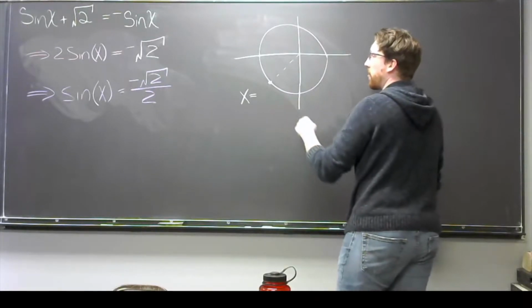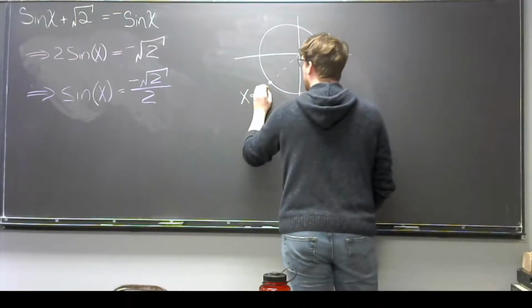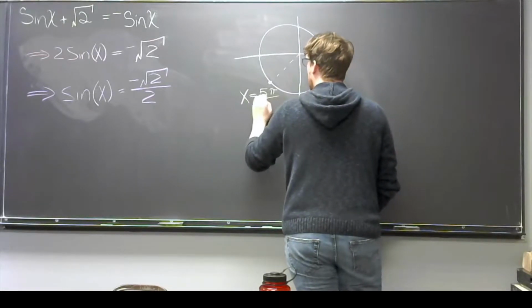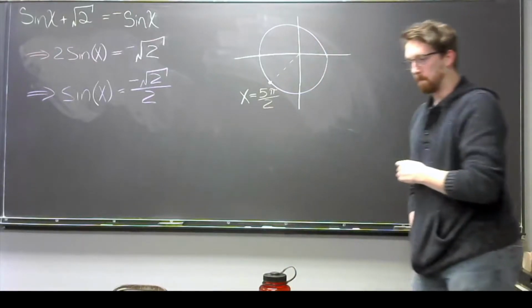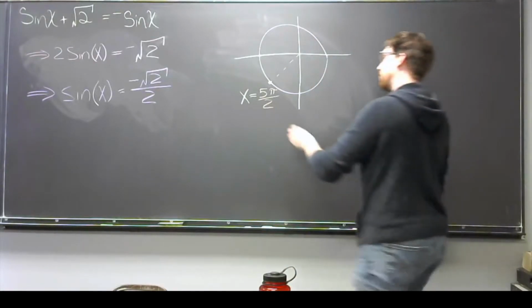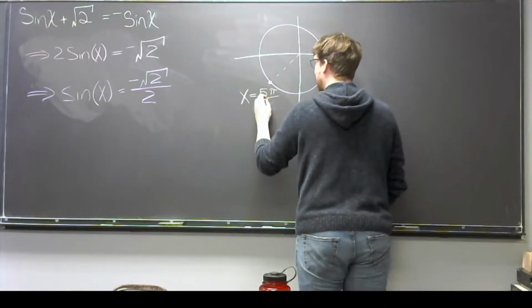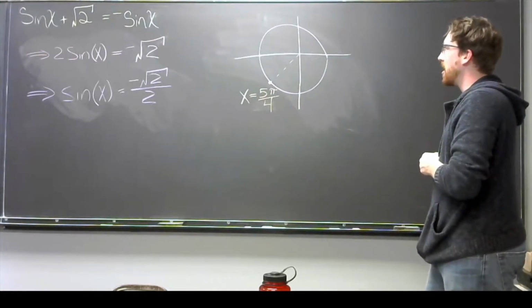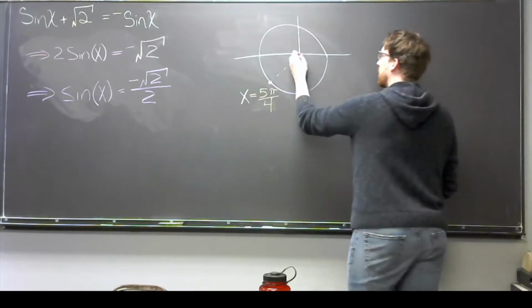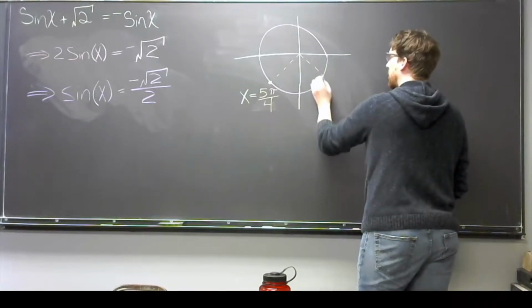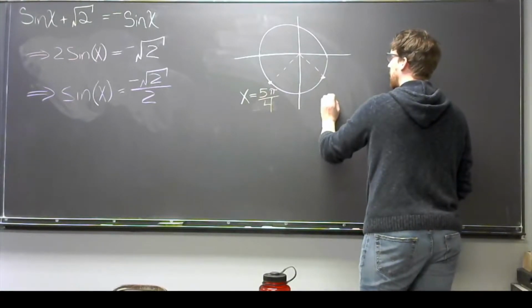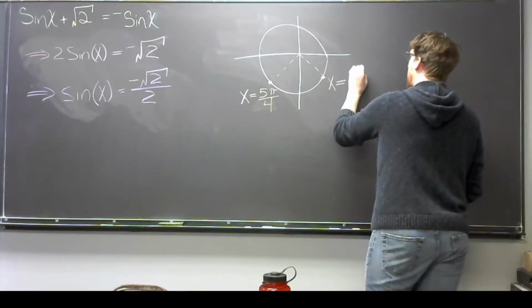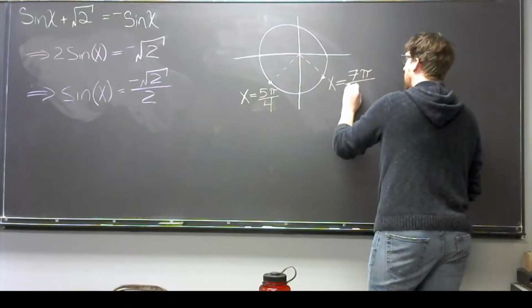So this is whenever x is equal to 5 pi over 4. In the other case, it's going to be somewhere over here, and it's whenever x is equal to 7 pi over 4.